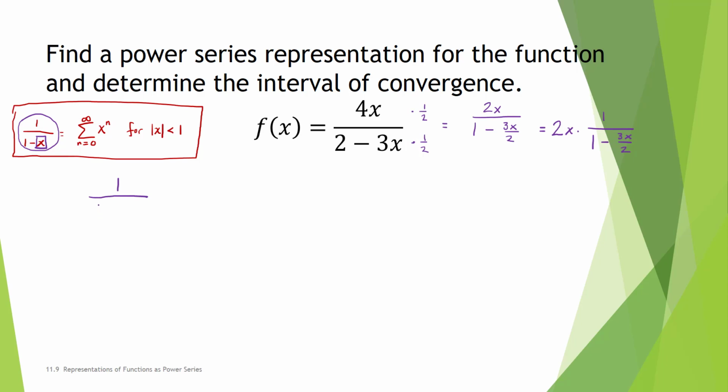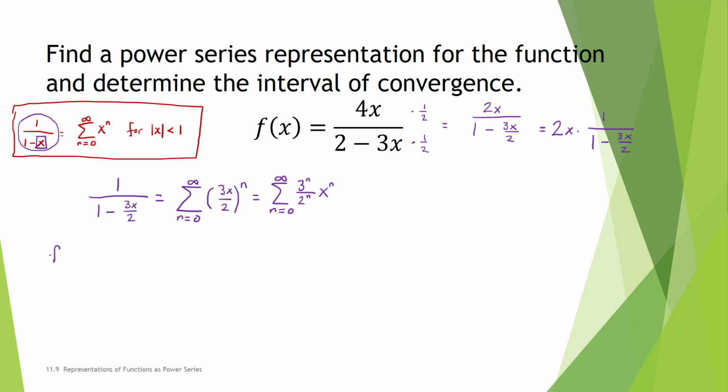Looking just at 1 divided by 1 minus 3x divided by 2, we recognize it as the sum of a geometric series, the sum n equals 0 to infinity, where the ratio is 3x divided by 2. So we have this power series representation. Usually we split these powers up, so I can write this as 3 to the n power divided by 2 to the n power times x to the n power.